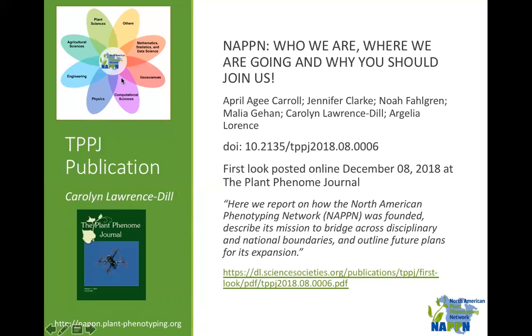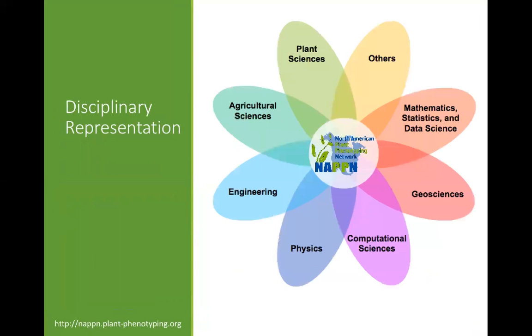One thing that you see in the top left there that I'm going to blow up is a flower. This is something that Seth put together initially, and it was our concept for what the NAPPN is and what we endeavor to do. Conceptually, what we think we do is not to replace any existing societies or organizations, but instead, because the scope of what plant phenomics is, it pulls from so many different disciplines, we see ourselves as making a representation to these various areas as petals in this flower.